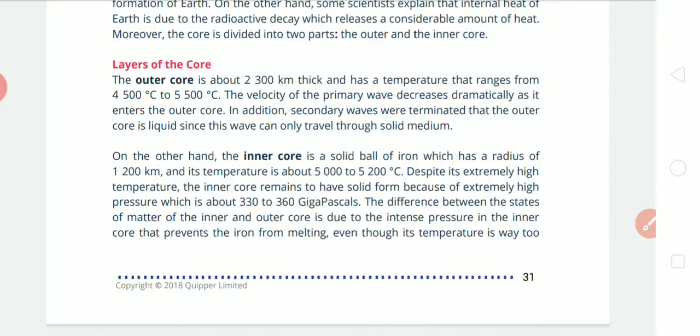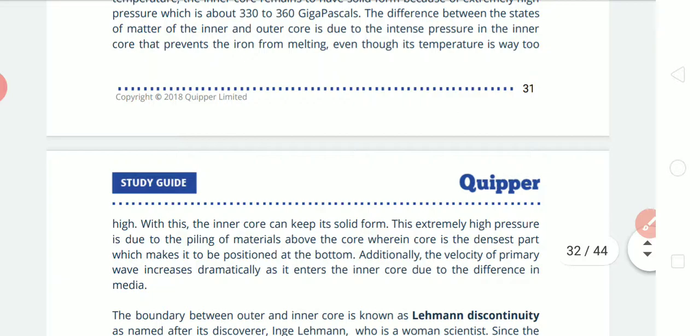The pressure exerted on the inner core is very great, and that makes all the materials in the inner core become solid. The difference between the states of matter of the inner core and outer core is due to the intense pressure in the inner core that prevents the iron from melting, even though its temperature is way too high.